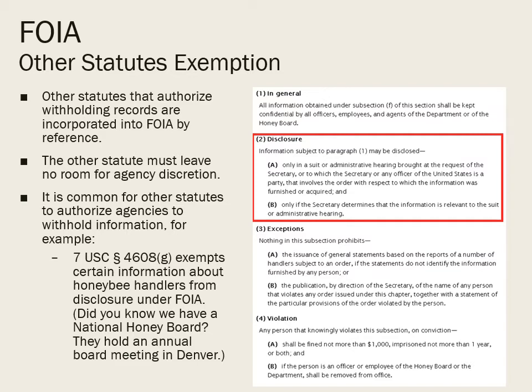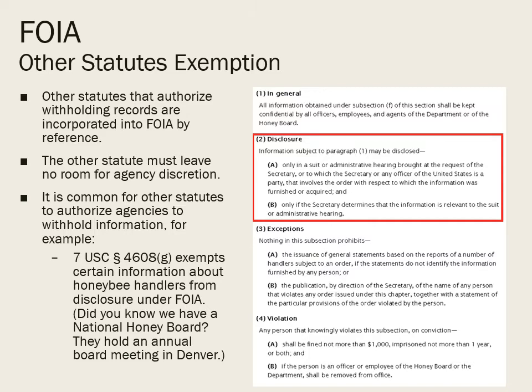So for example, I've got this to the right here, a part of a statute. This is from 7 U.S.C. section 4608, and that exempts certain information about honeybee handlers. So if you were to file a FOIA request with the USDA about honeybee handlers, the agency would deny that based on this particular statute.